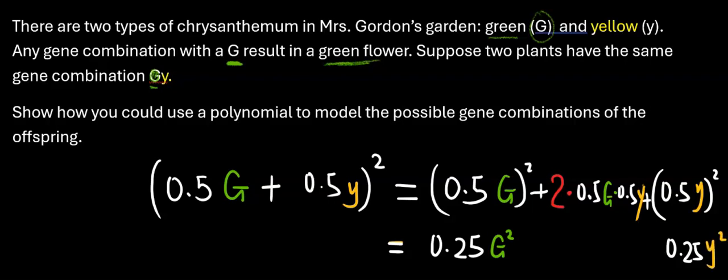And our middle term is 0.5 times 0.5, which is 0.25. But don't forget, you're going to times 2. So your middle term is 0.5 Gy, green and yellow. And don't forget we have another add symbol right here.